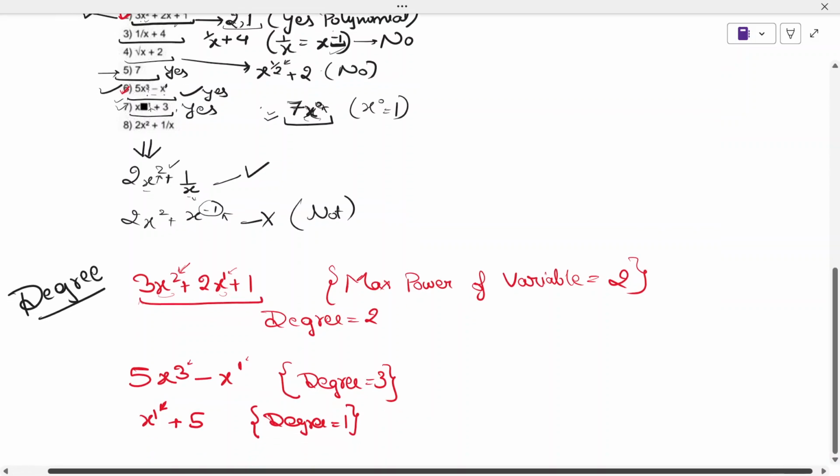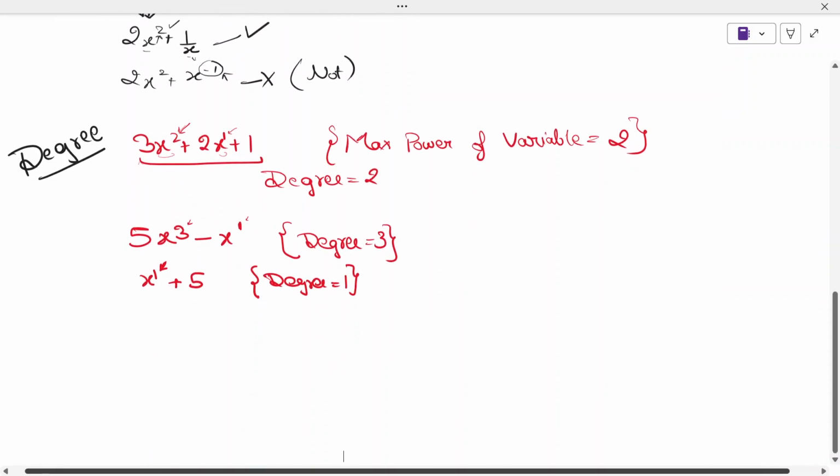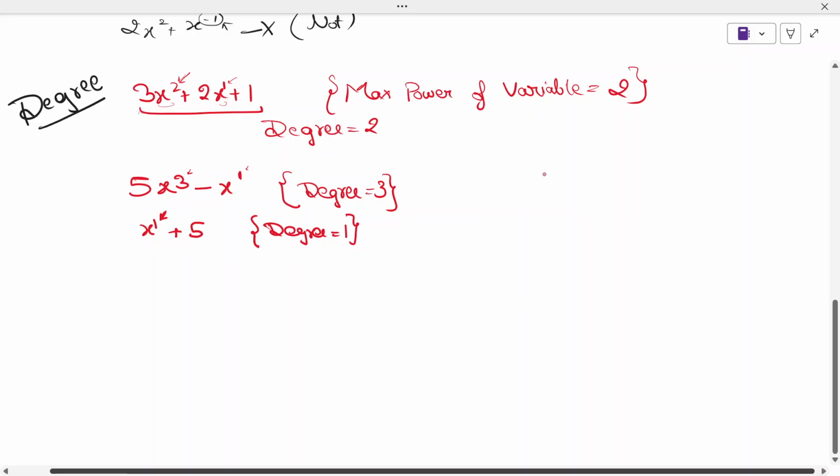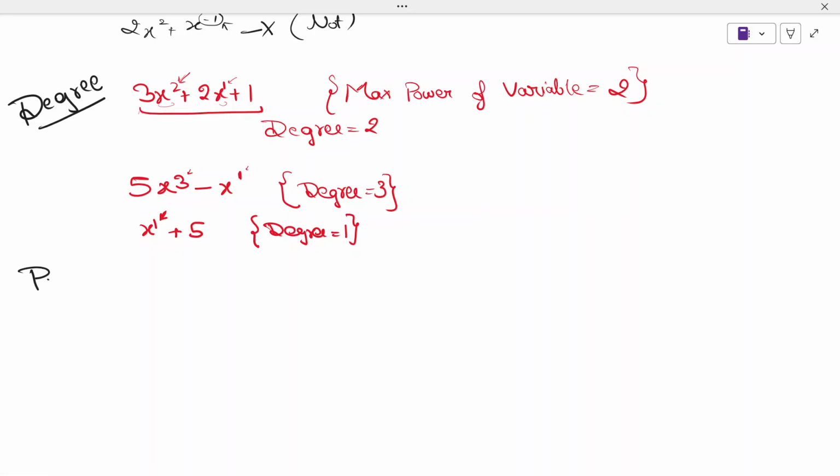Okay, so now I am going to tell you the difference between polynomial and equation. Let's take this example: 3x square plus 2x plus 1. This is a polynomial, you know.